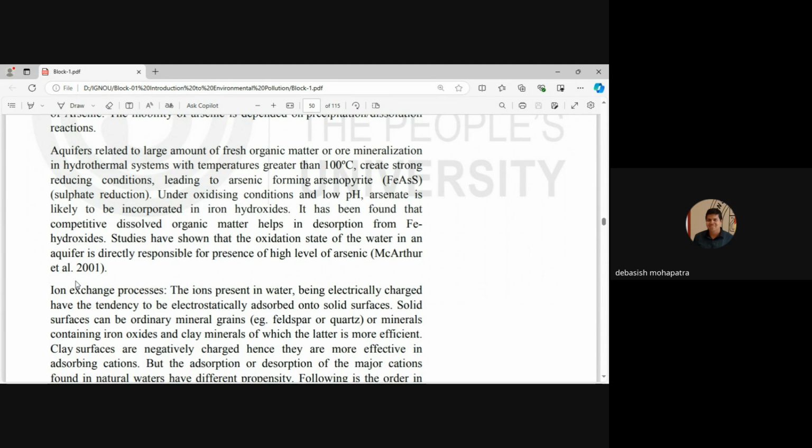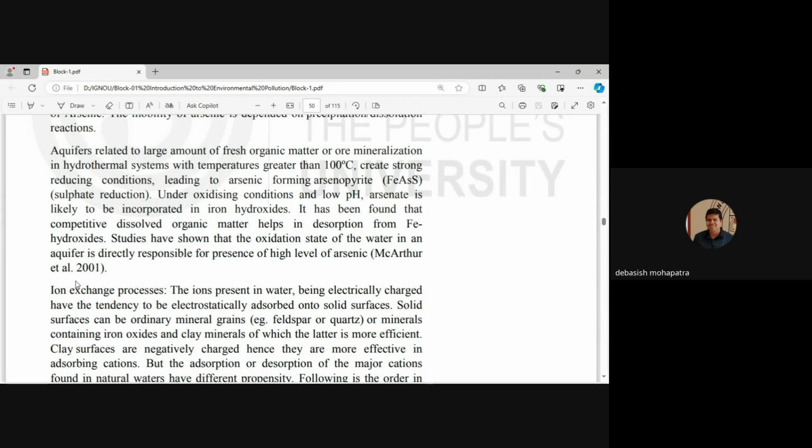Then aquifers related to large amounts of fresh organic matter, or ore mineralization in hydrothermal systems with temperature greater than 100 degrees, create strong reducing conditions leading to arsenic formation, arsenopyrite. Under oxidized condition and low pH, arsenate is likely to be incorporated in iron hydroxide.